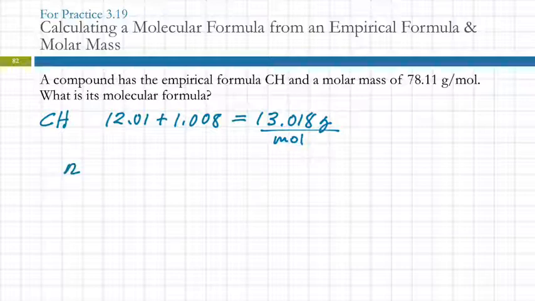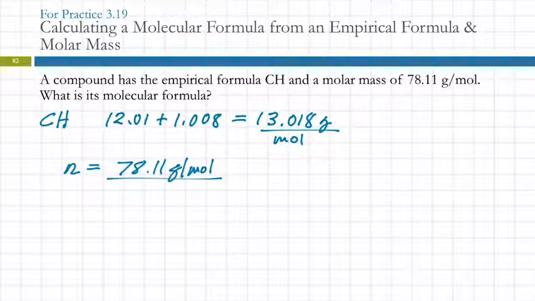So to find this number that we want to multiply everything by, I'm going to take the 78.11 grams per mole, divide it by 13.018 grams per mole. I'm going to find out how many times 13 goes into 78.